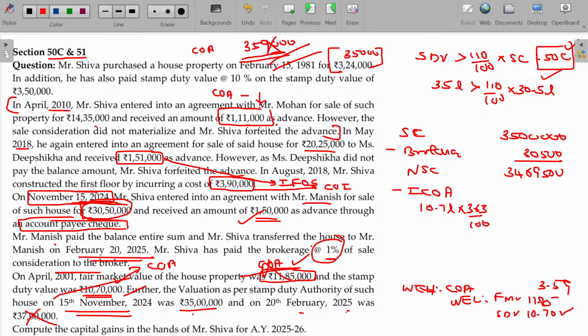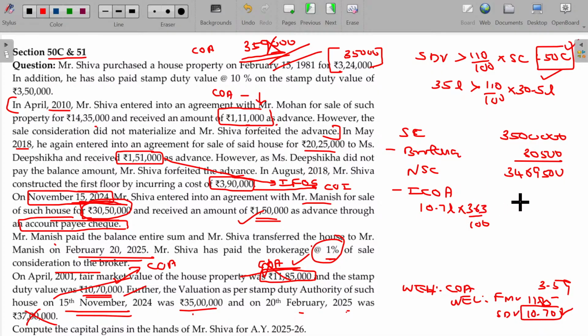Between these two, whichever is lower, naturally 10.7. You give that explanation also, as per section 48, as per section 55. In 55, we have studied cost of acquisition as well as cost of improvement calculations for various purposes.